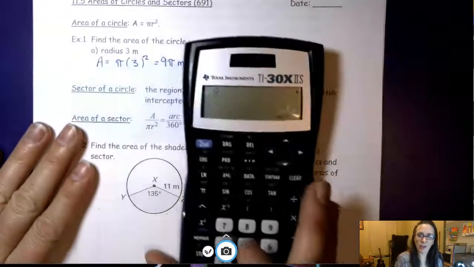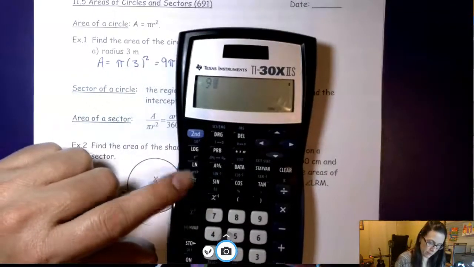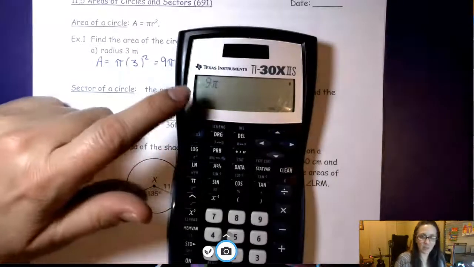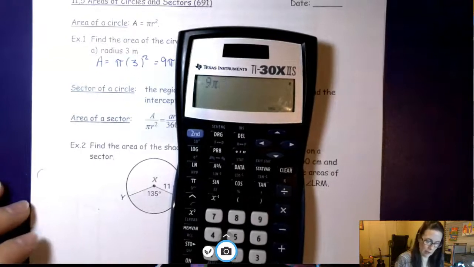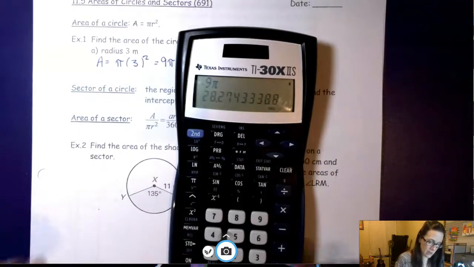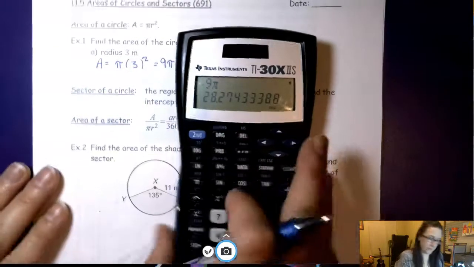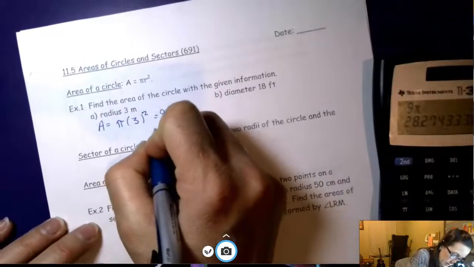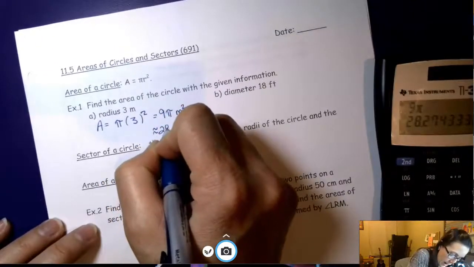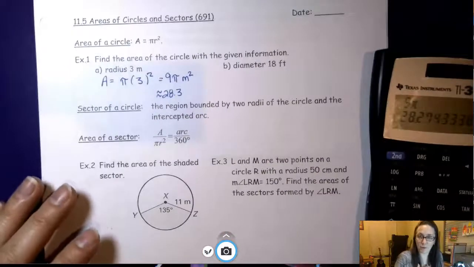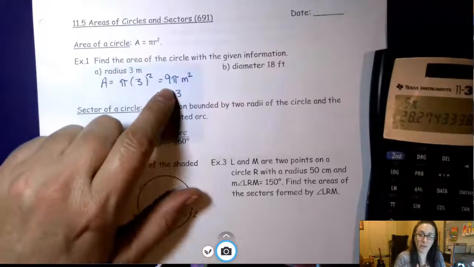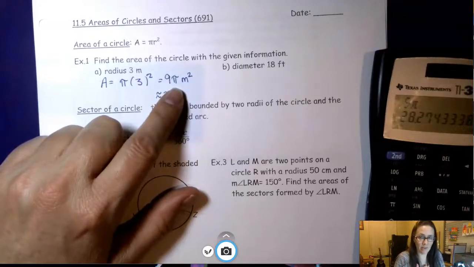So if you have a calculator that has the pi symbol, you want to use that symbol. If you ever can use the symbol, that's what you would rather use. It's going to be more exact, 28.3. Now, I do not believe you're going to have to write it that way. I believe the preferred answer is going to be 9 pi. You want to keep it that way as much as possible.